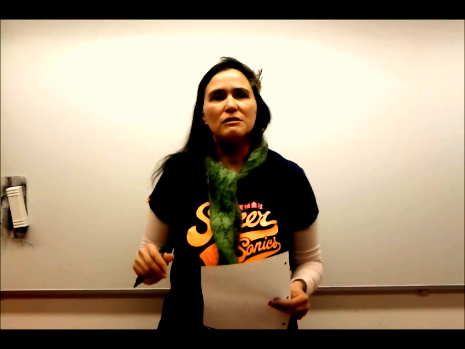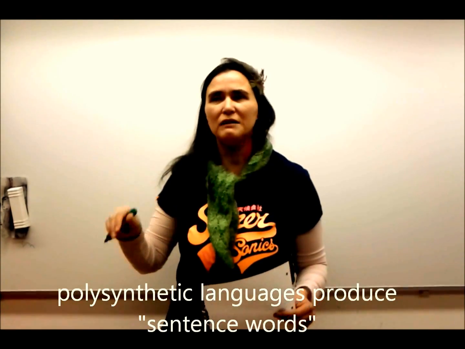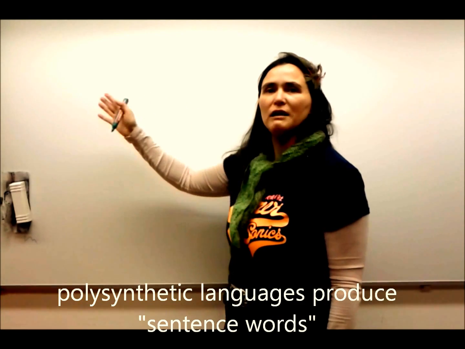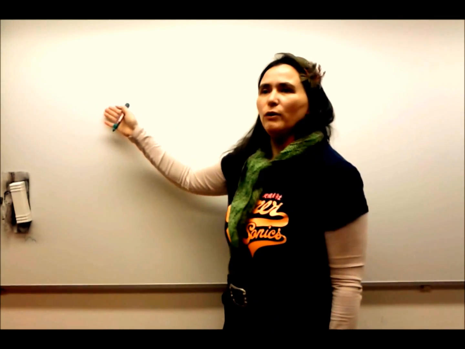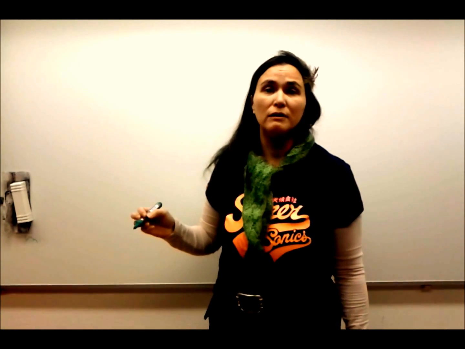All these languages are what we call polysynthetic, which means that a word consists of many small parts put together. So in Greenlandic I can say a whole phrase in one word.